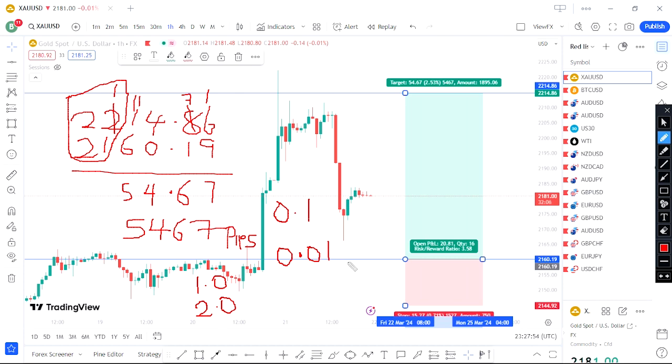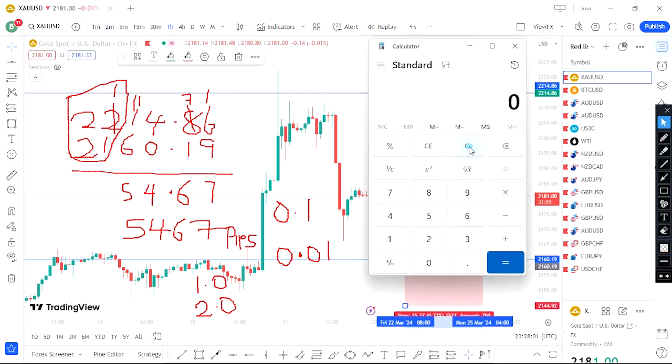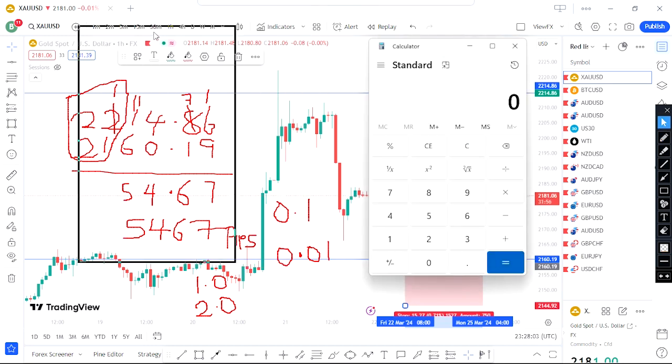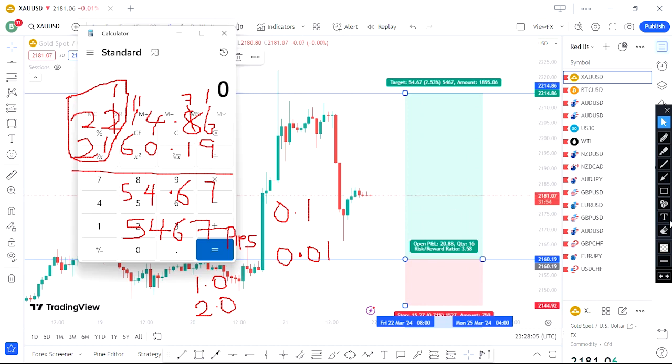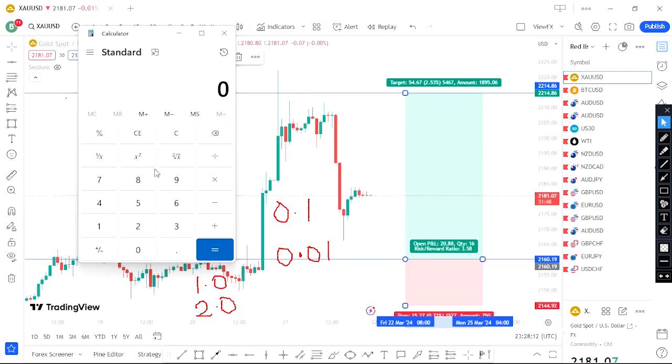Okay, let me show you how to do that quickly using our calculator. So we have 5467 multiplied by 1. That gives us $5,467.